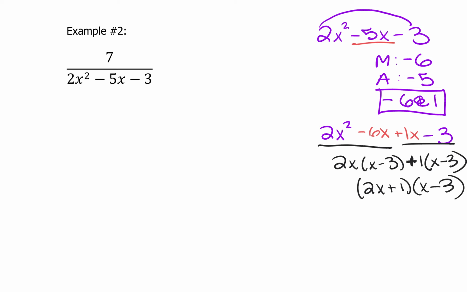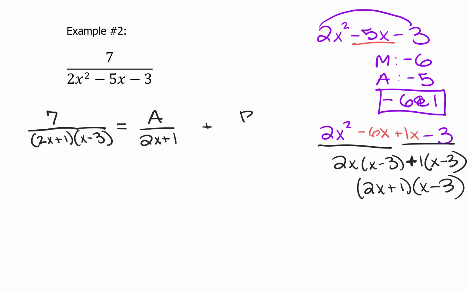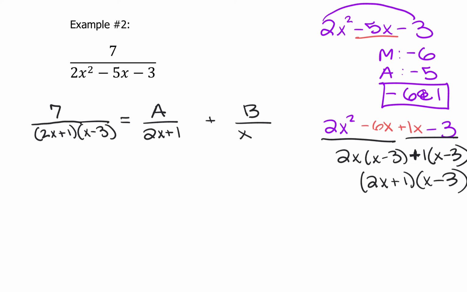So we'll have 7 over (2x plus 1)(x minus 3) equals something over 2x plus 1 and something over x minus 3.